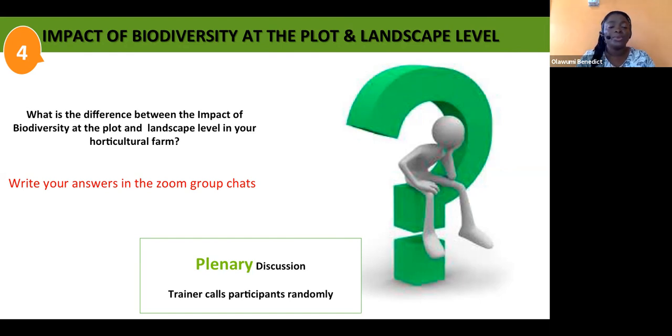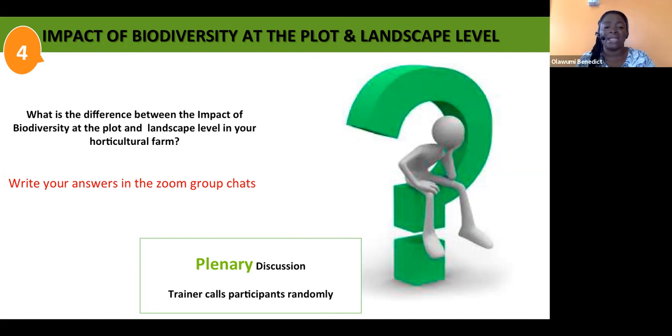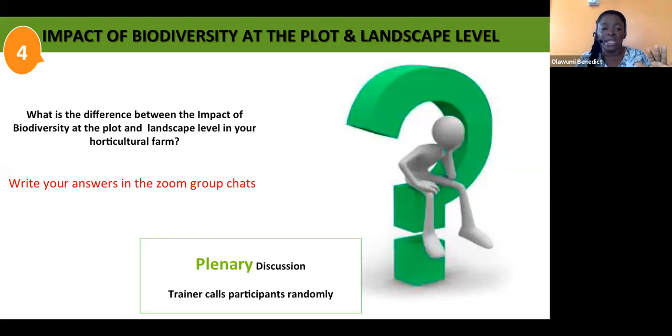Okay. So we'll go on by discussing what is the difference between the impact of biodiversity at the plot level and the landscape level in your horticultural farm. We have discussed this before.